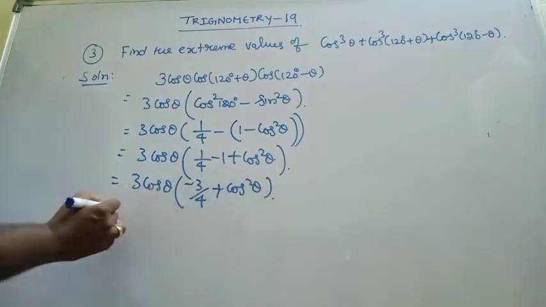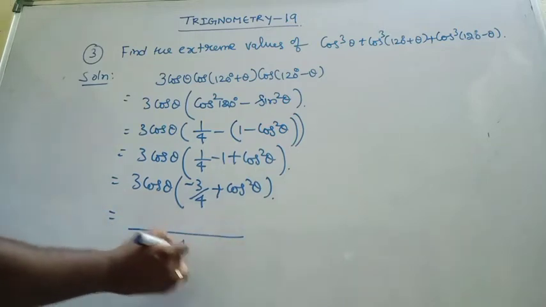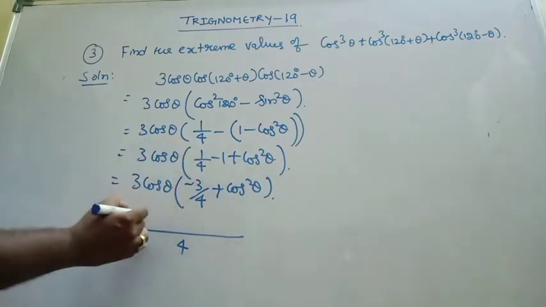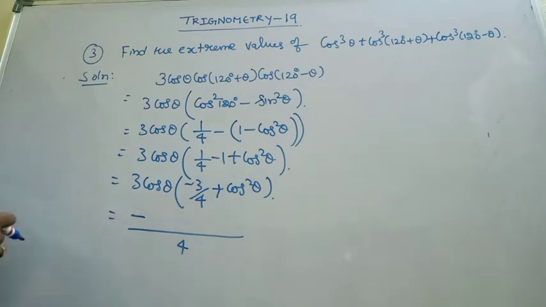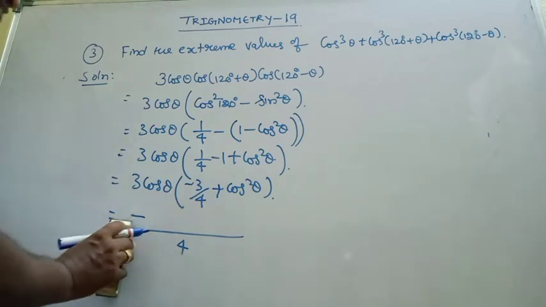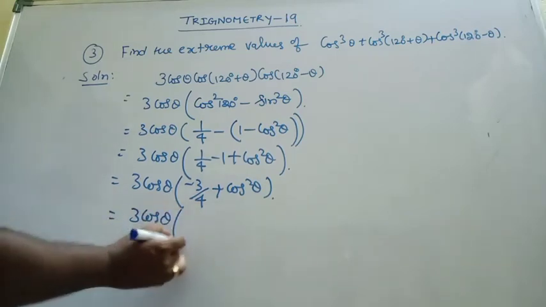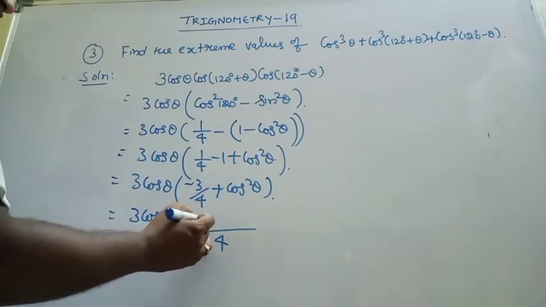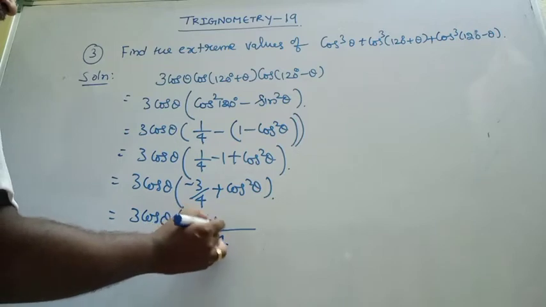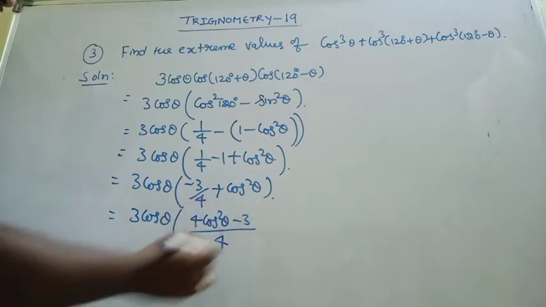If you take the LCM, you get 3 cos theta into (4 cos square theta minus 3) by 4.